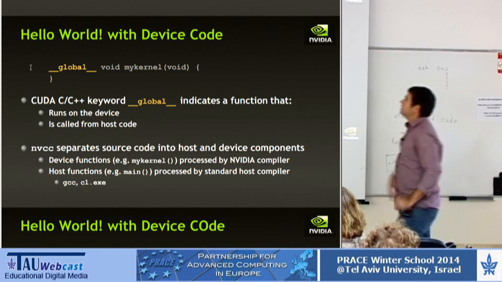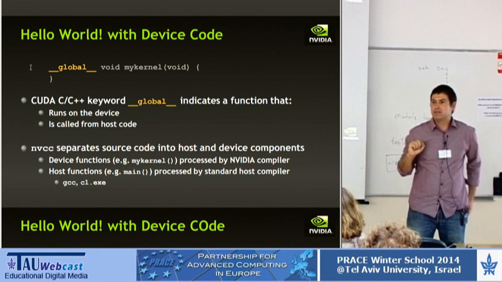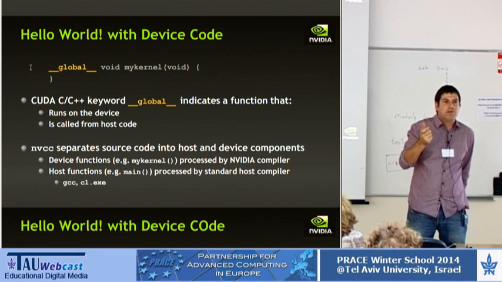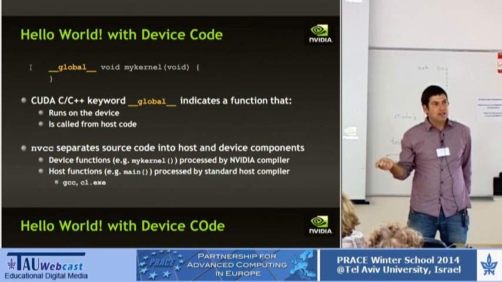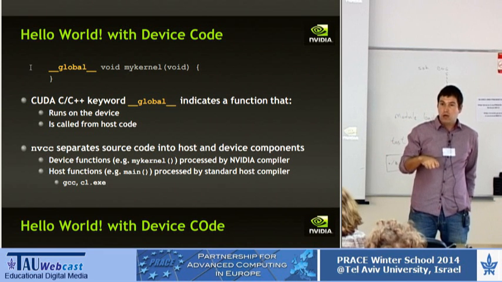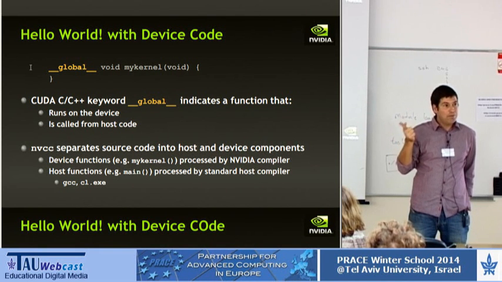Okay. So the keyword global that was added means that this is a kernel. This is the addition that makes this specific function a kernel that runs on the device and not a function that runs on the CPU. Because we are now putting the GPU kernels and the CPU code in the same file, and the same compiler, NVCC, is going to compile both of them.